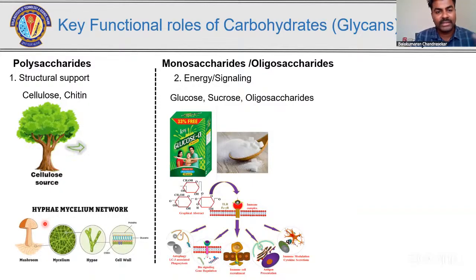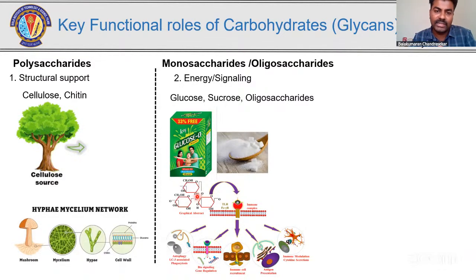A classic example is a monosaccharide like glucose and a disaccharide like sucrose, or many other oligosaccharides, which are important energy sources. You might be well aware of glucose and sucrose. Sucrose is table sugar, and glucose is the monomeric form, which provides instant energy. Some oligosaccharides, or chitin oligosaccharides, have been shown to be involved in signaling processes.